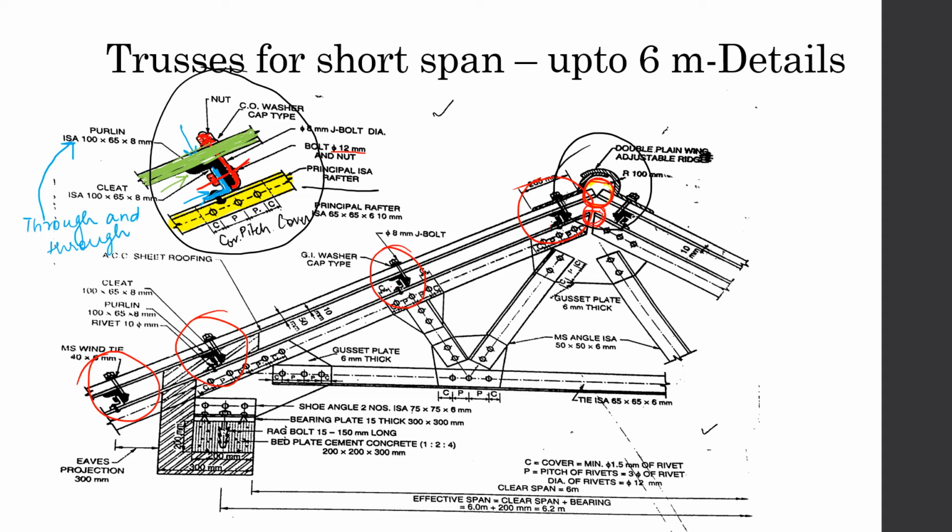As you can see, the ridge covering is going all the way from here like this, one part, and the second part is going over the first part and then like this, and it is being fixed with the J bolt along with the roof covering, the purlins, the cleats.